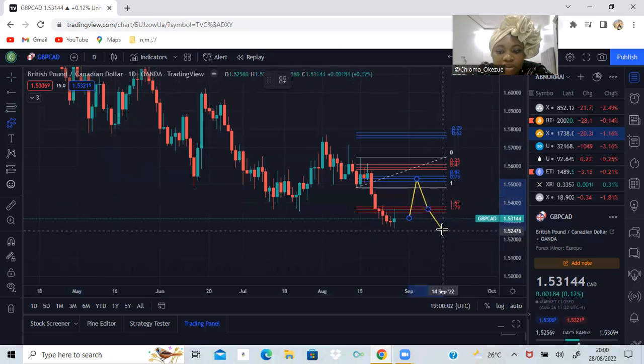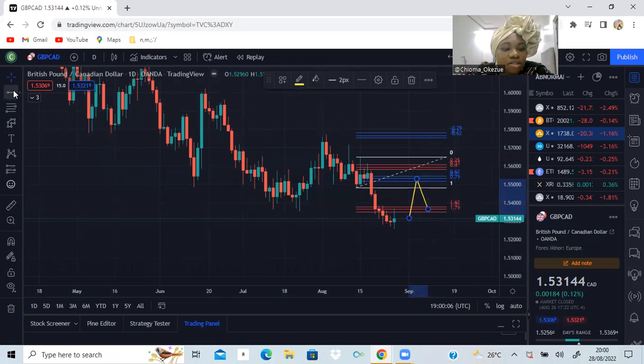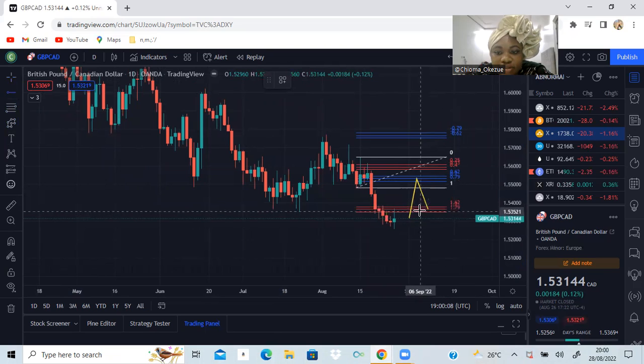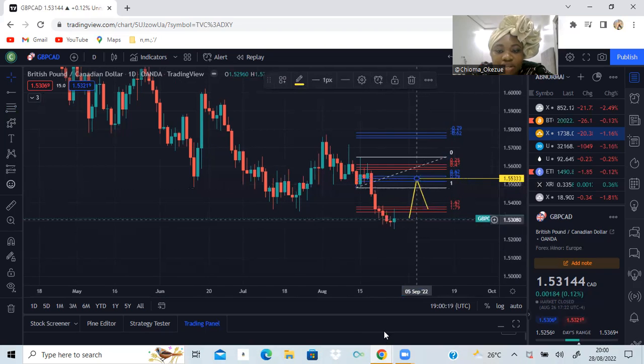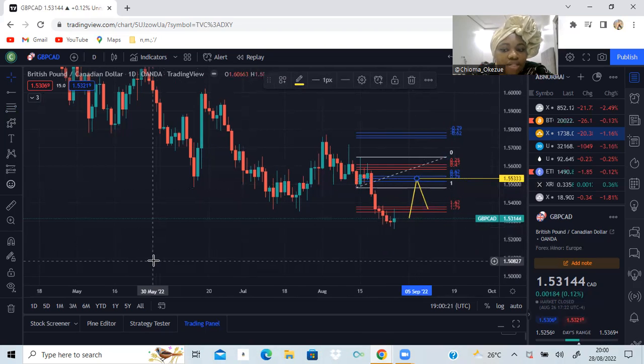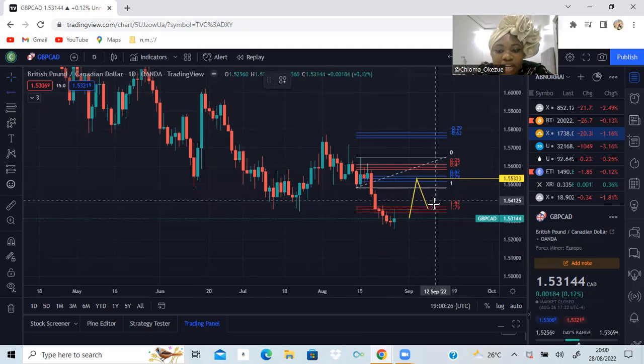So I'm just going to put a line here for entry, which is the golden line for entry. You can take a screenshot. We're waiting for that sell limit. We're going to set a sell limit there. All right. And this is our take profit right here.